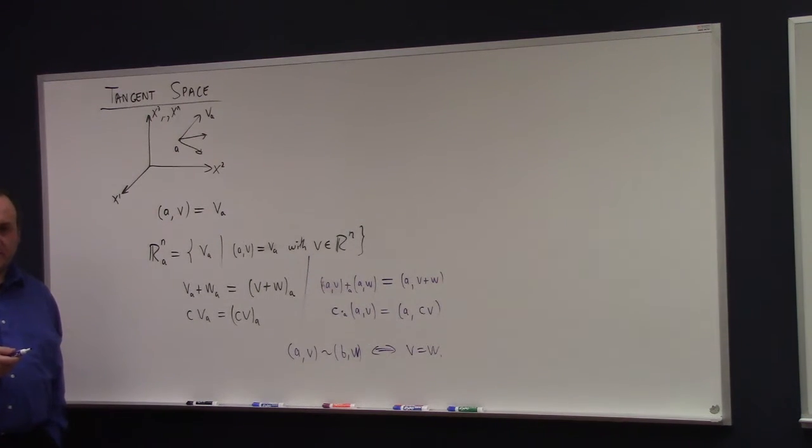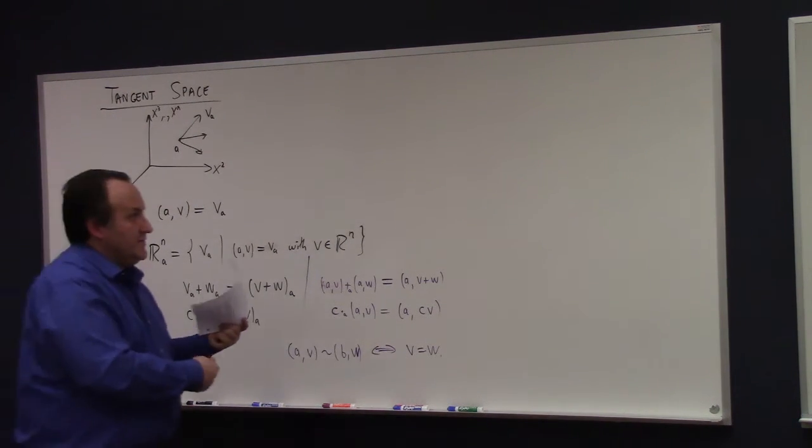In typical applications, you're right, we just shift back to the origin, and this is the game we play in physics and so forth. But we'd like to distinguish vectors at different points now. So that's this contraption here, V in R^n sub A.